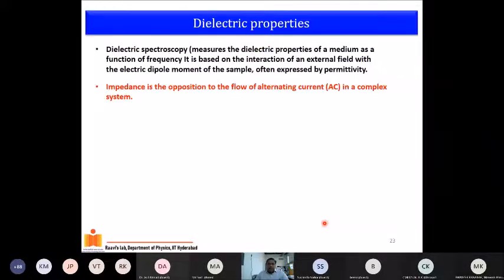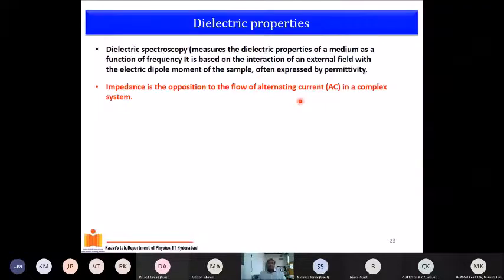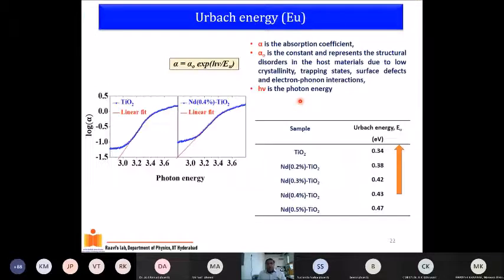So it gives you a feel of how the disorderedness is changing upon doping. Urbach tails are very important to understand whenever you have composite materials with multiple dopants. So that is the point about how the dopant has impacted the crystal and electronic structure.